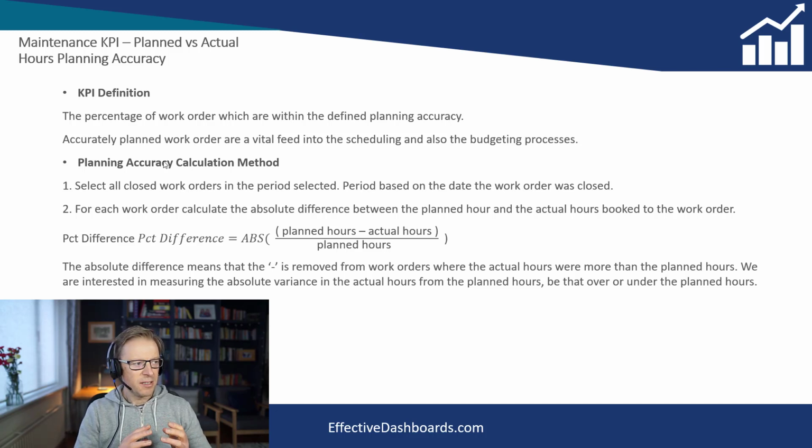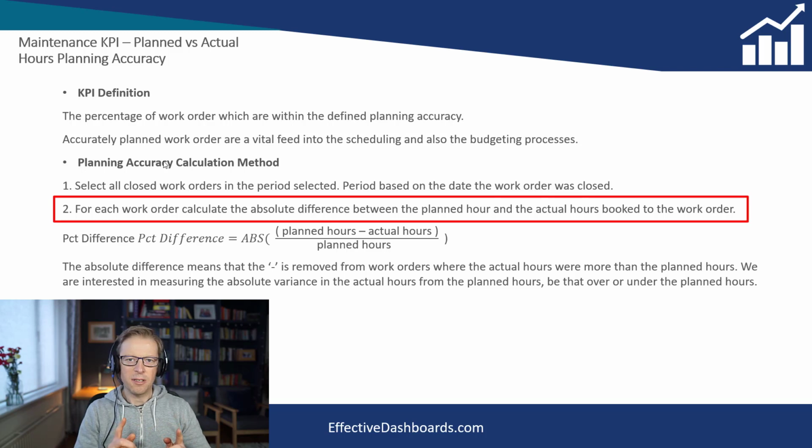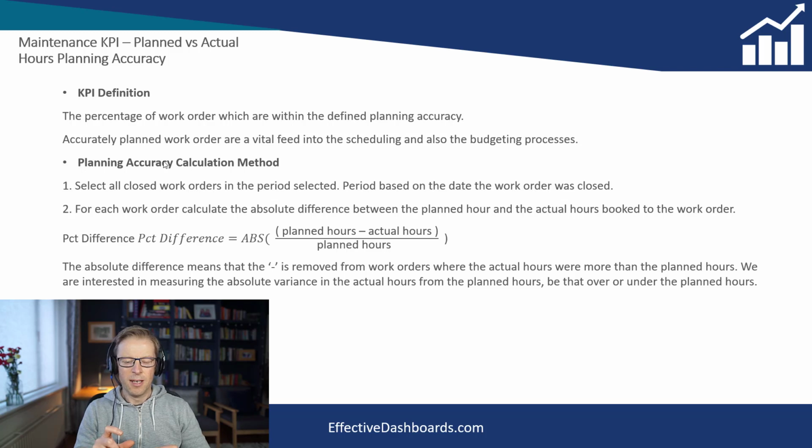The second is for each of those work orders, we're going to calculate the absolute variance from the planned hours. Okay, so it's just as bad if we're overplanned as underplanned, so we want to understand what the absolute variance is. So all that does is if you've got the planned hours and you planned it for 10 and you only took 5, then the difference is going to be -5.